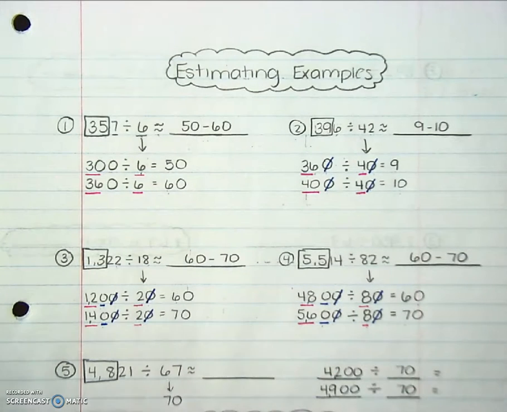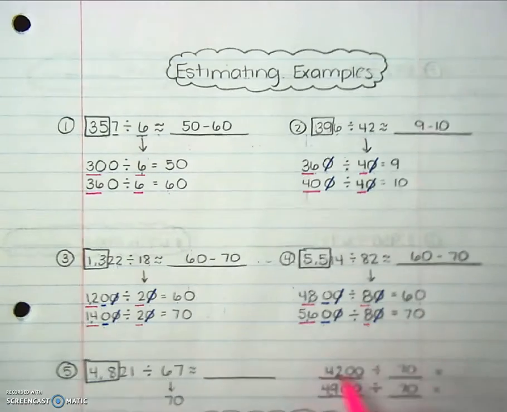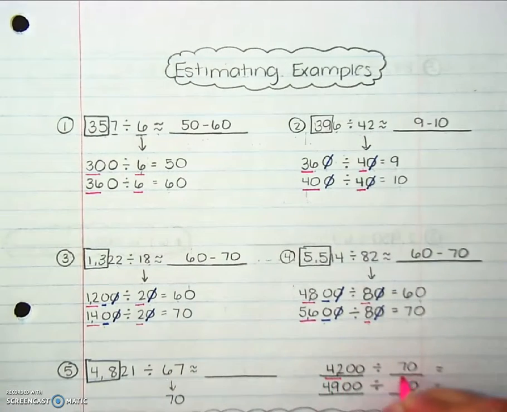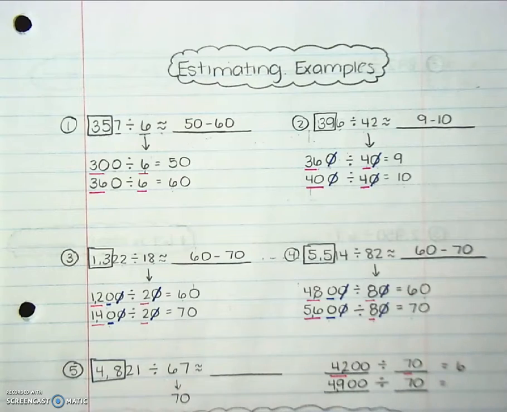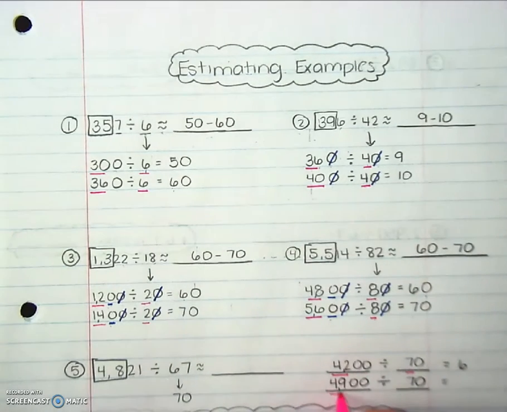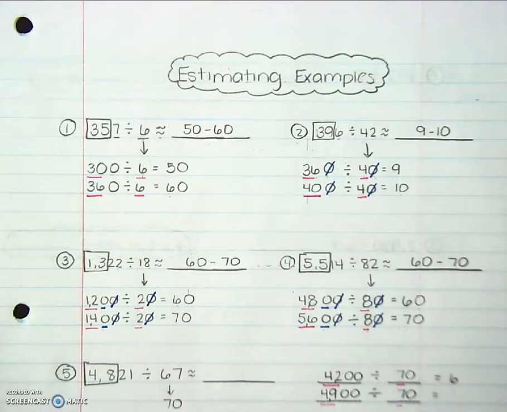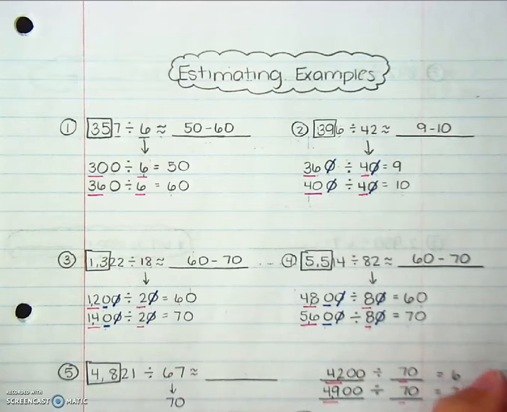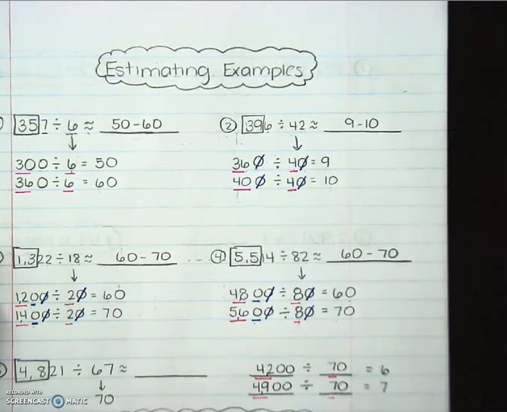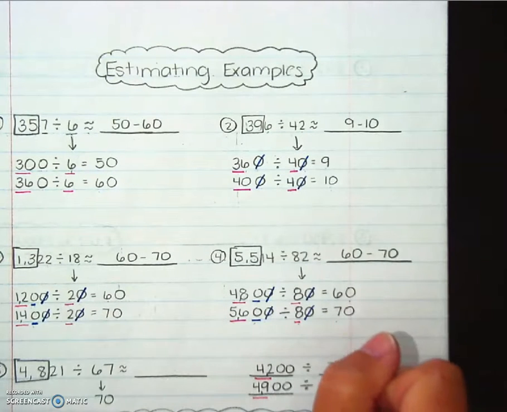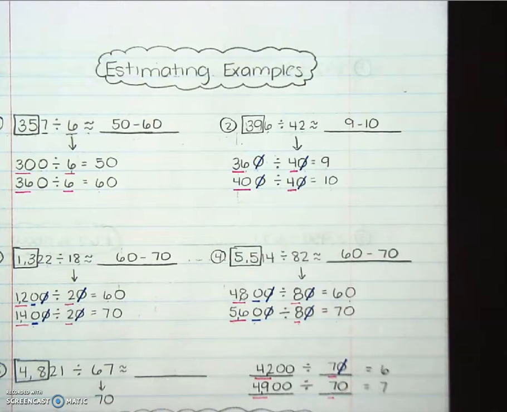So now I'm going to find my basic facts first. 42 divided by 7 is 6, and 49 divided by 7 is 7. But I need to check my zeros to see if I'm really talking about just 6 and 7 or if I'm using something else. So now I need to buddy up zeros. I have 1 0 in my divisor, but 2 in my dividend.